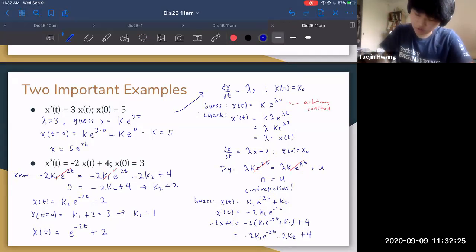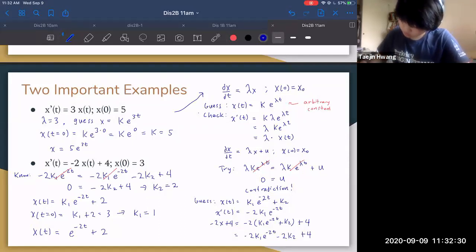And yeah, I think here, perhaps we should say that x prime is equal to minus 2x plus 4.